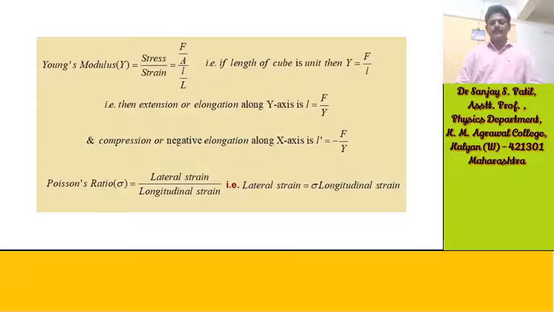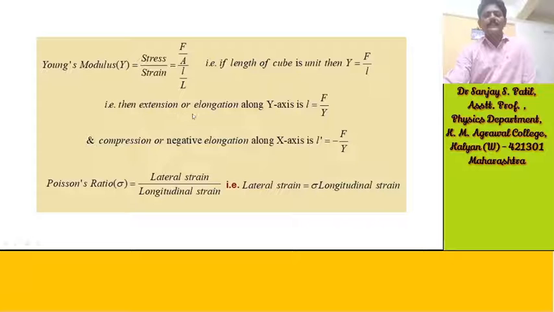If the length of the cube is unit, then capital Y, that is Young's modulus, is equal to capital F divided by L, because with one side of the cube being 1, the area is 1 into 1, that is 1, and the original length is 1.